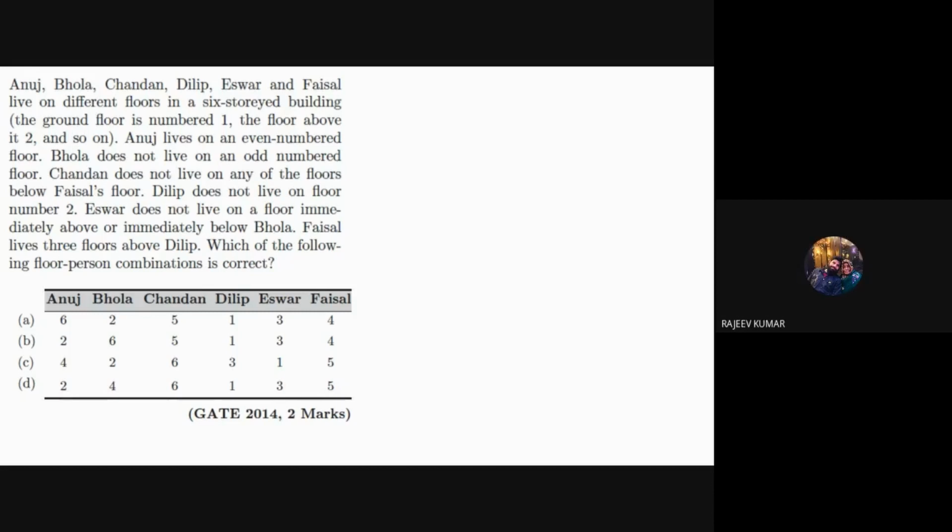Go by the options. You cannot actually find the exact answer, finding the exact answer is difficult in this case. So you can go by the options. Options will give you the correct answer.